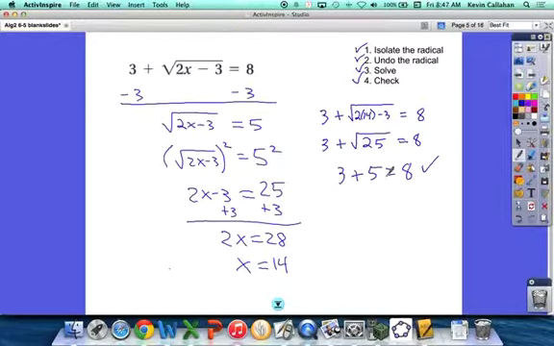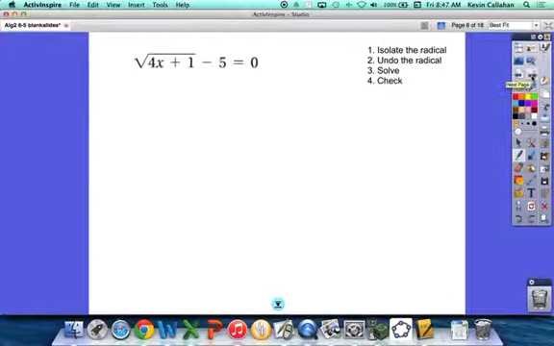Okay. So, let me try it again. What do I need to do here? Plus the 5s. And then undo it. How do I undo a square root? Square both sides.